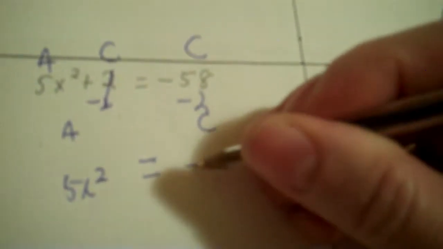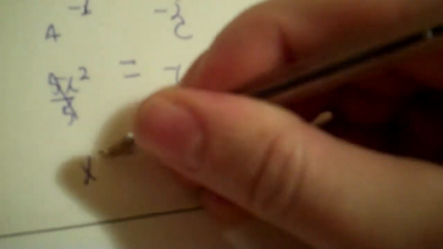Well, you got your A on that side. Move your C's on this side. That would be negative 60. Divide by your 5. You get rid of what number times itself? Well, you got to apply the square root. Positive, make it i. You got to poke the i out when you end up with a square root of a negative.